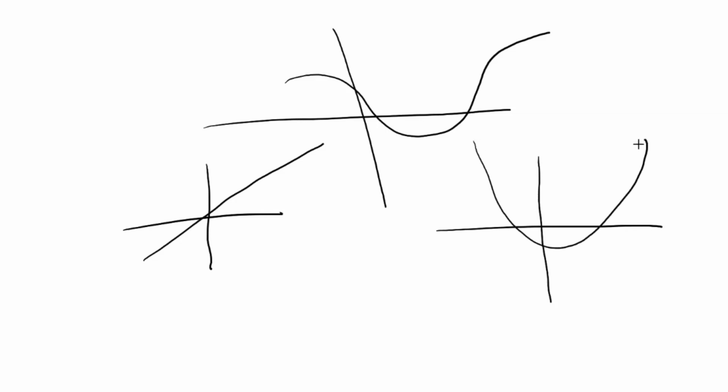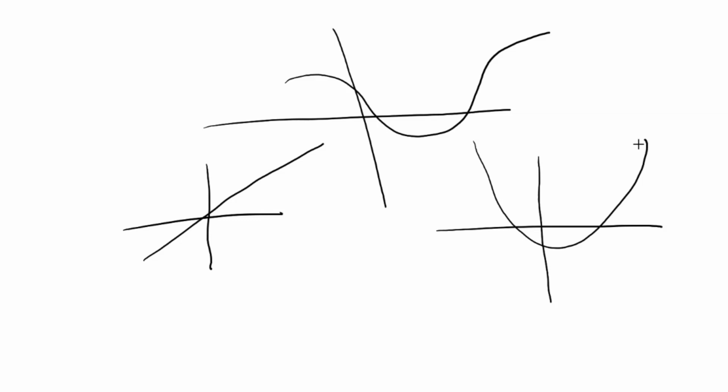If I have a linear graph like this, that is also a continuous function. If I have a parabola, that is also a continuous function. It is basically any sort of function that you can draw without lifting your pen from the paper. That is the way you can think about that.